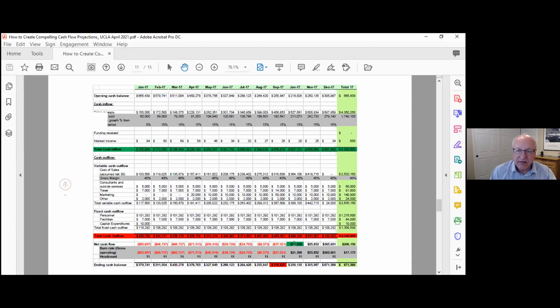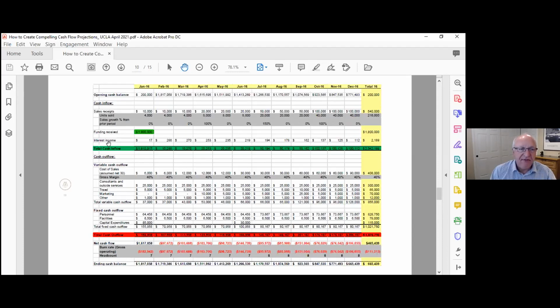Let's call that out. It'd be fine to add some notes on here, any number that's an important number that helps tell your story that something important happened here. I think that's a great idea.